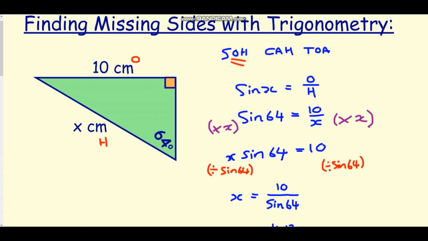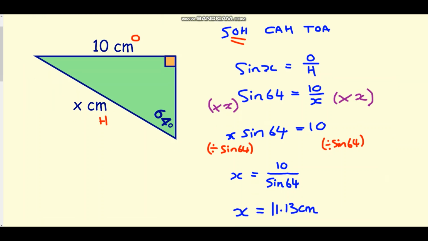One small thing to note before I go is that although this looks complicated, one small thing you can do to speed this up for yourself, and it is a bit of a cheat, but it works out every time, is you can swap the x and the trig function in your equation. If you notice that sine 64 is equal to 10 divided by x, and later on it says that x is equal to 10 divided by sine 64.